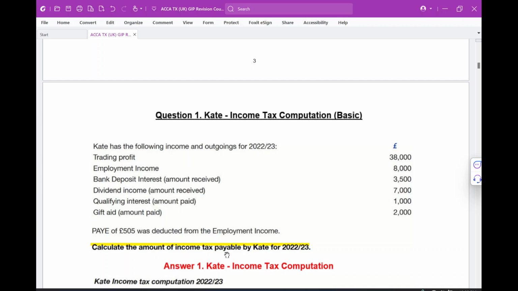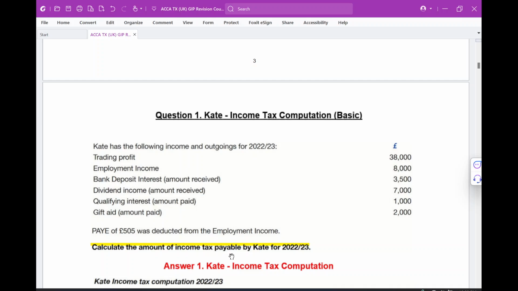Now, in this particular case, it's an income tax computation, but it does ask us for income tax payable. Let's remember that an income tax computation is spread into several different parts, and the income tax payable is right at the end. In other words, what they haven't asked for here is income tax liability.